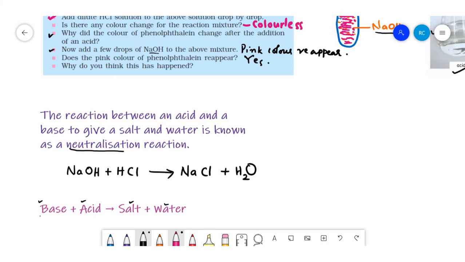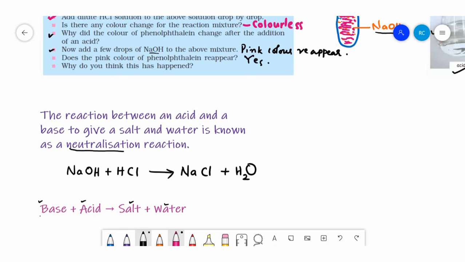One thing you need to keep in mind is that the concentration of the solutions should be the same when we do a neutralization test. For example, if you are taking 1 ml of sodium hydroxide of a fixed concentration, the same amount of hydrochloric acid also you have to take, then only the neutralization reaction will take place.